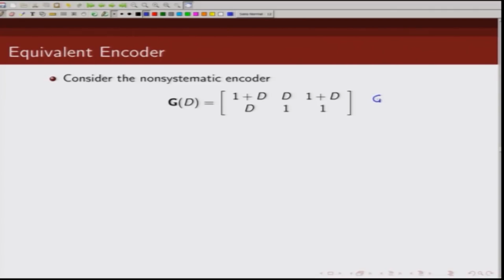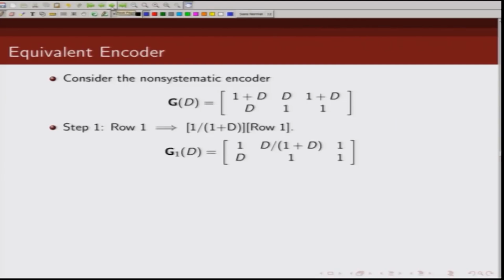The generator matrix G'(D) should be of the form identity and some matrix P. So, what we want is of the form 1 0 something here, 0 1 and something here. So, we want to convert this into a form of this type. We will do elementary row operations to bring this generator matrix into a generator matrix of this form.